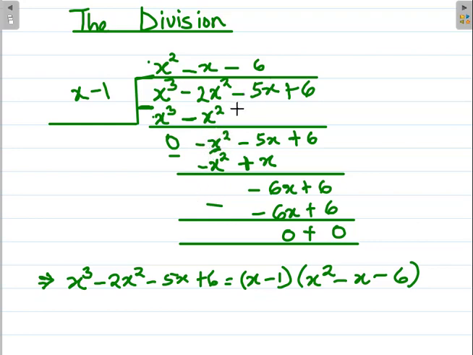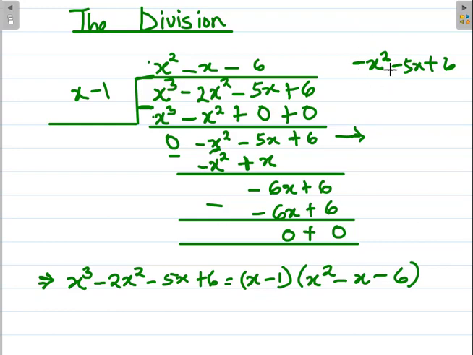Then minus 5x. The rest of this is plus 0 plus 0. So minus 5x minus 0 is minus 5x. Plus 6 minus 0 is plus 6. So this expression now reduces to negative x squared minus 5x plus 6. That's what we have over here.